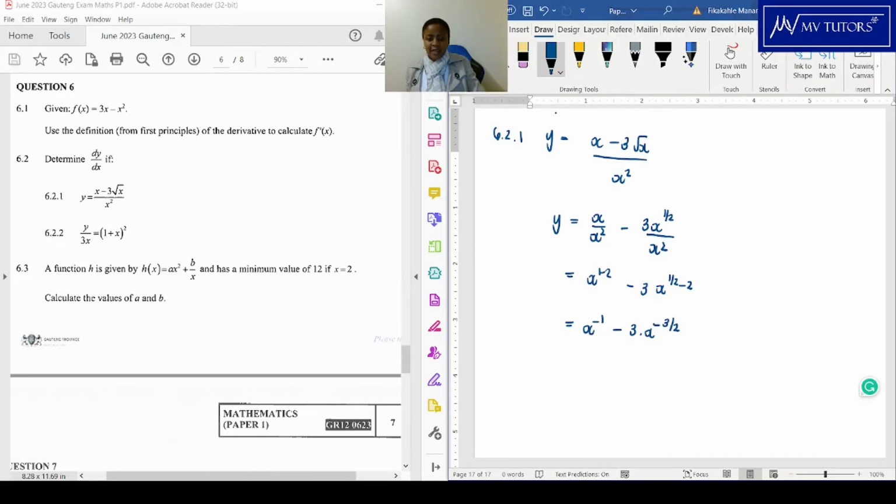Then we can now start to get the rate at which y changes with regard to x, which is the first derivative, dy dx.